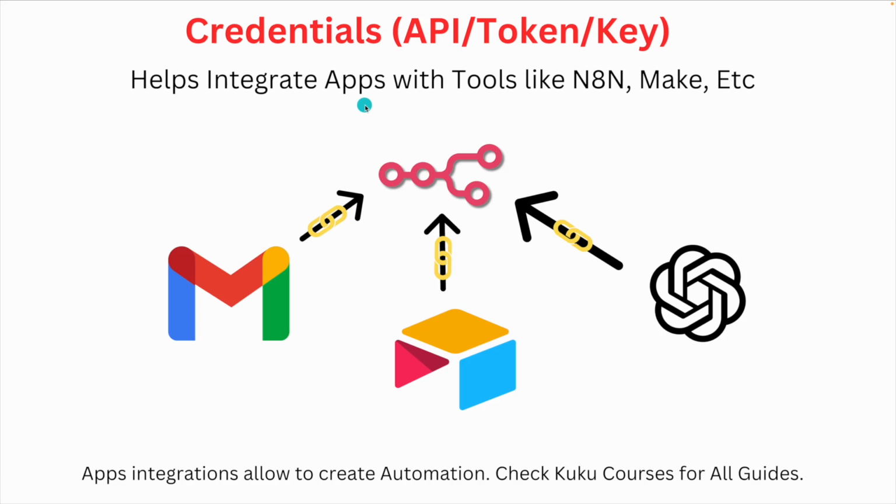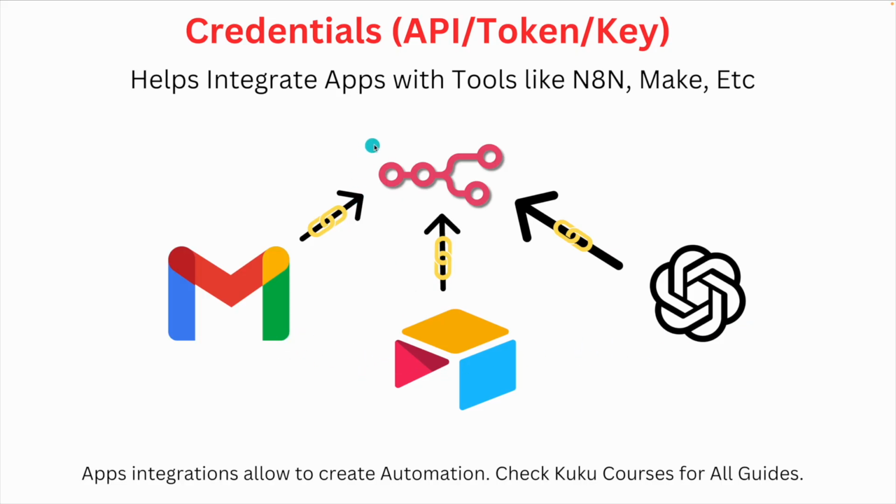So when we want to create any AI agent, or build some sort of automations, all these apps work together with N8N. N8N allows you to use different apps so that you can do automation and create AI agents.